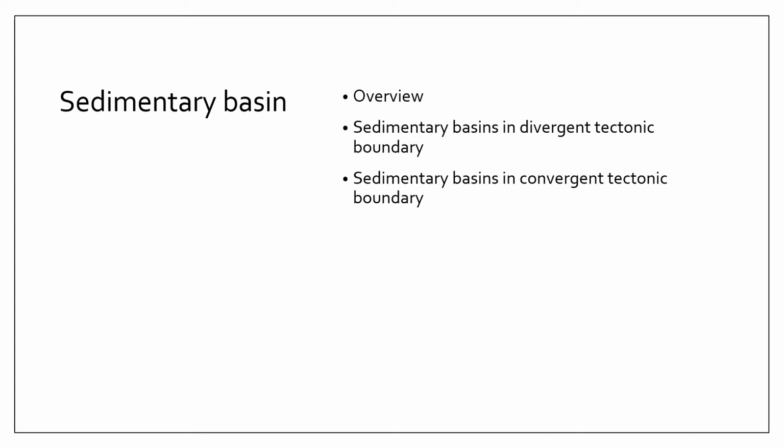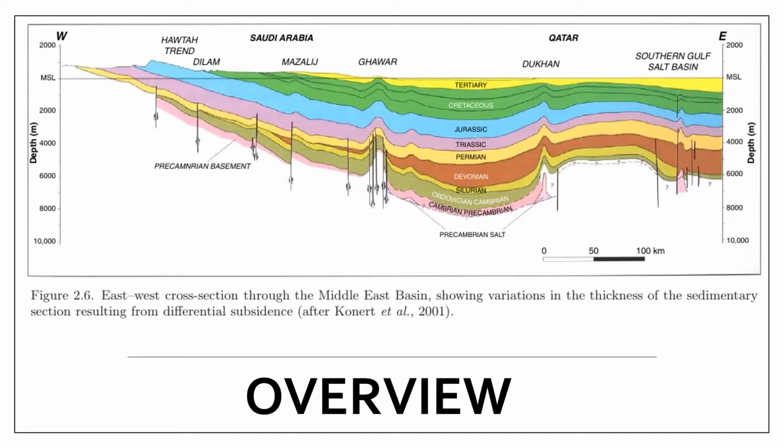And there are sedimentary basins in divergent tectonic boundaries, and there are also sedimentary basins in convergent tectonic boundaries. Right, just an overview. This is an example of a sedimentary basin in Saudi Arabia and Qatar, and those two nations are well known for their vast oil reserves. We can see here that this sedimentary basin is a huge one.